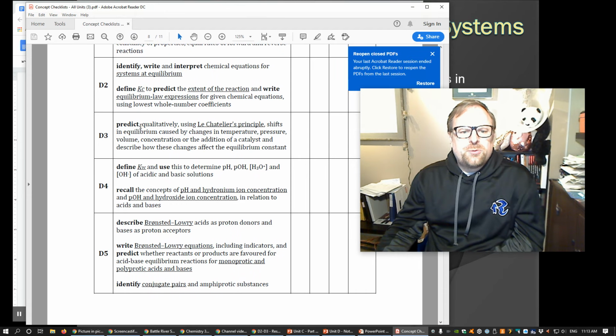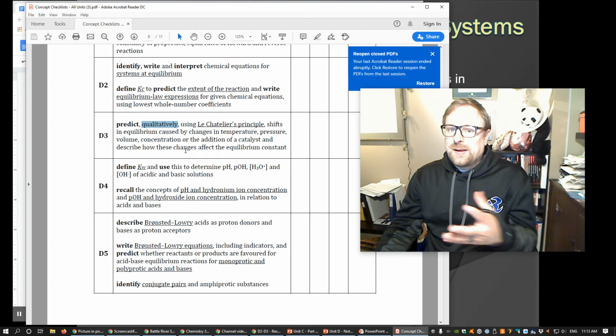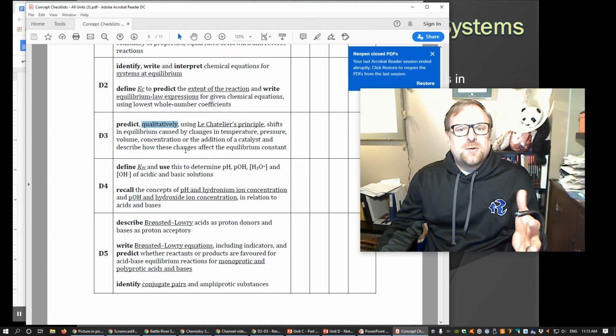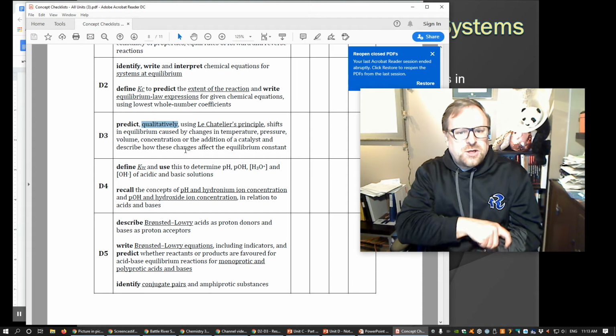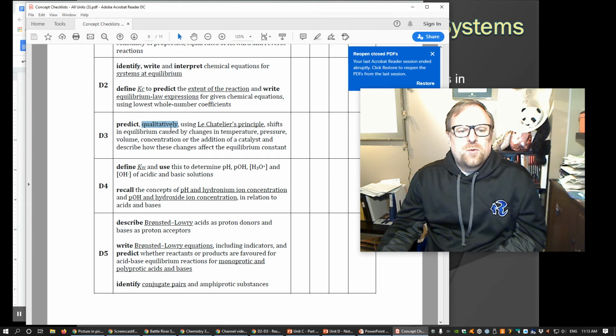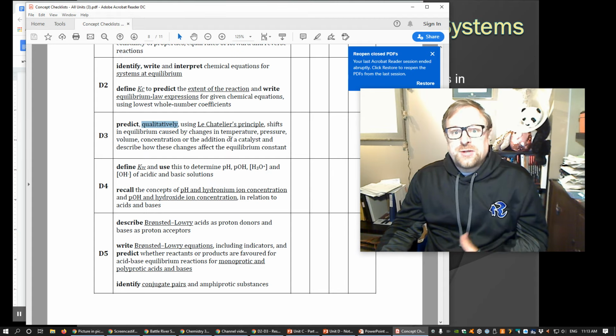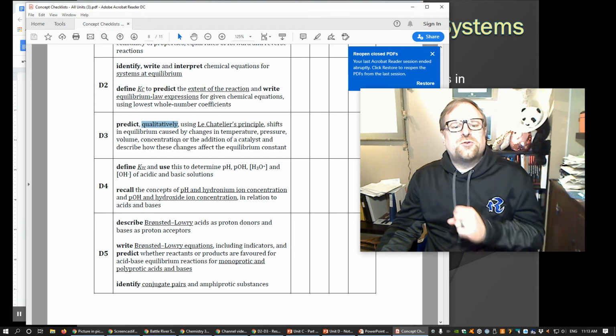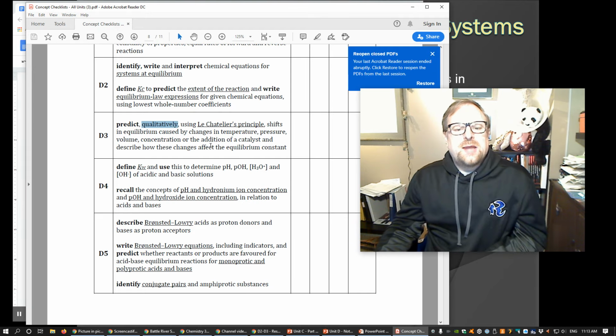We're going to be able to predict, and the key word here is qualitatively. So we're not putting numbers to this. We're just going to use words to describe how these changes are taking place. We're going to use Le Chatelier's principle to predict shifts in equilibrium caused by changes in temperature, pressure, volume, concentration, or the addition of a catalyst, and describe how these changes will affect the equilibrium constant.